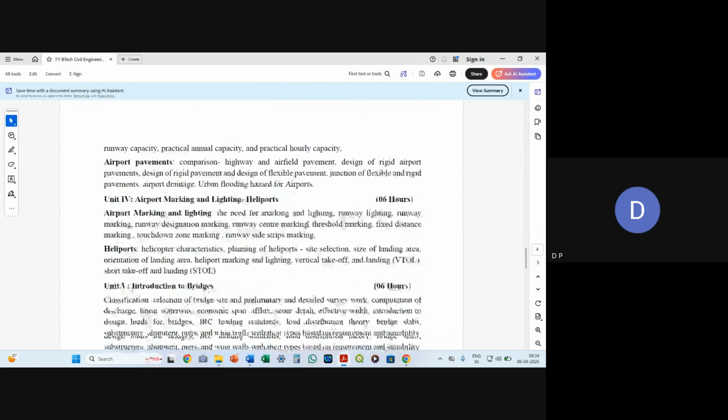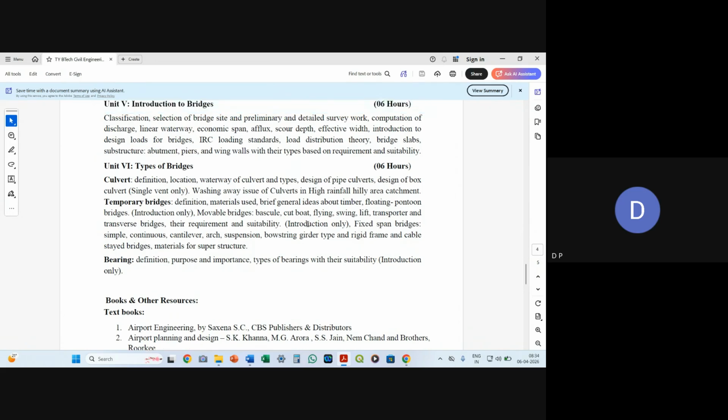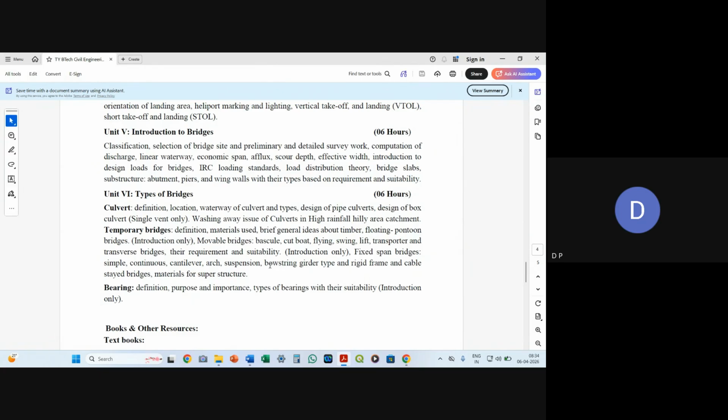Similarly, you can see the bridges are important to connect different parts of the country, valleys, rivers, to move infrastructural facilities, or even in the warfare situation, moving the military or many other related infrastructure facilities from one corner of the country to the other.